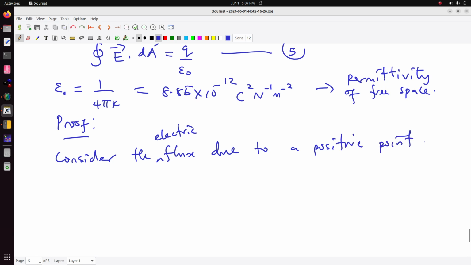So let's take a positive point charge, Q, on a spherical surface centered at the charge.